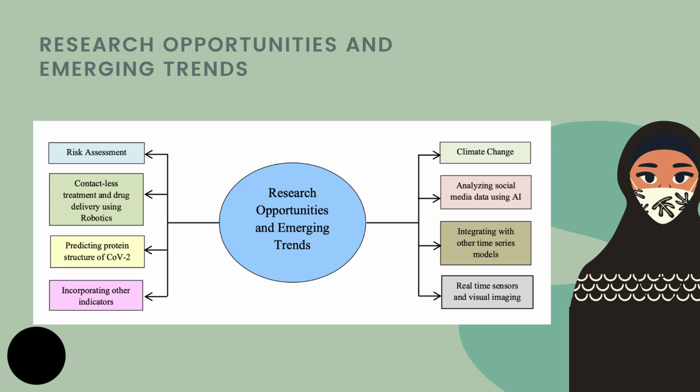And the next one is incorporating other indicators. Important parameters like population density, distribution of each individual and community movement, level of healthcare facilities, available strain type, and virulence of the virus need to be included in the regression model to further enhance the prediction accuracy.